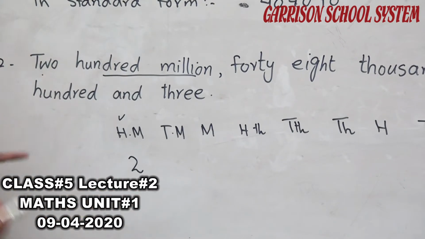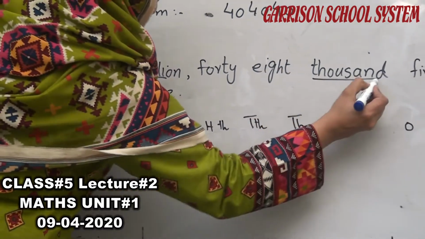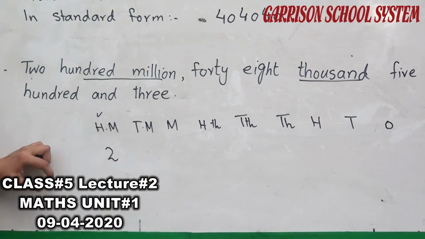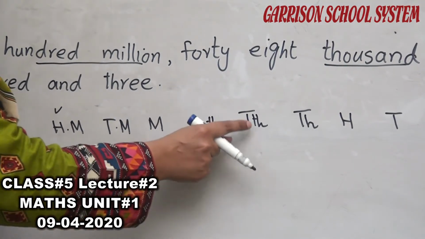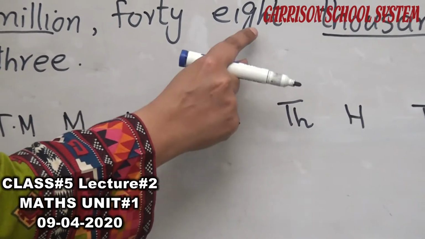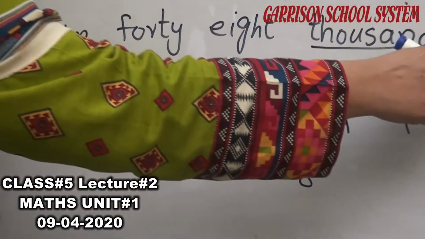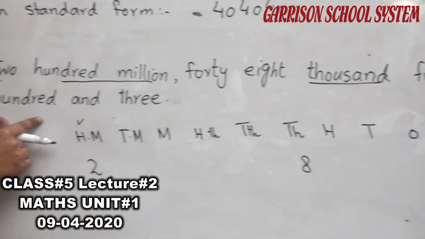So next, 48,000. Focus on that one. This is 1,000. So we will write the digit in the 1,000 place. Where is 1,000? Million, 100,000, 10,000, 1,000. Yes, this is the 1,000 place. So we will write 8 in the 1,000 place. Next, 500.